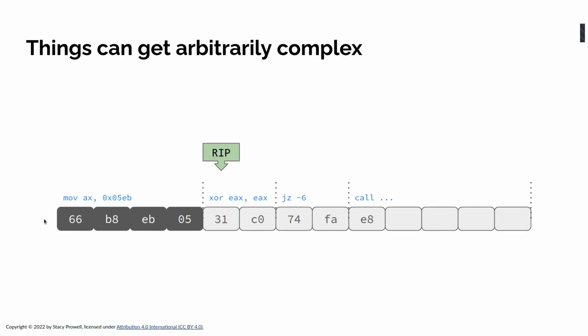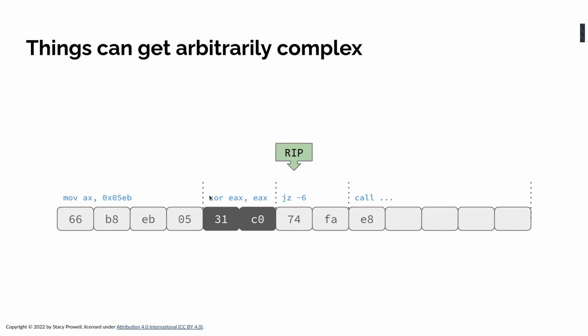So here's a linear series of bytes, and they are moving a value into AX, zeroing it out, a jump -6, that's suspicious right there, followed by call. So this instruction executes, RIP points here. That instruction executes, and RIP points here.